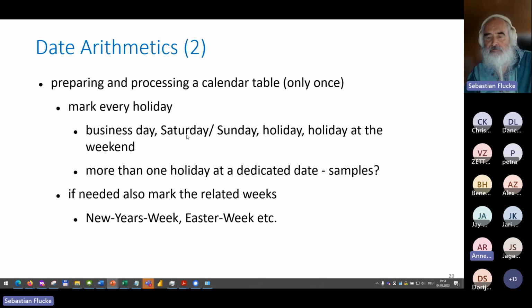And if we have the business needs, then it's also maybe a good idea to mark the weeks with a related caption. Okay, that's the Easter week, that's the New Year's week, or something like that, in case that is interesting for your business.